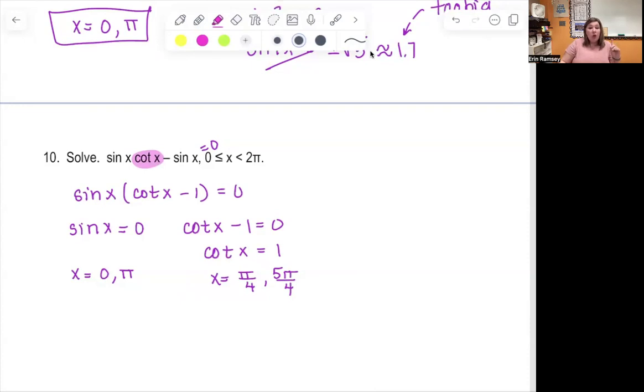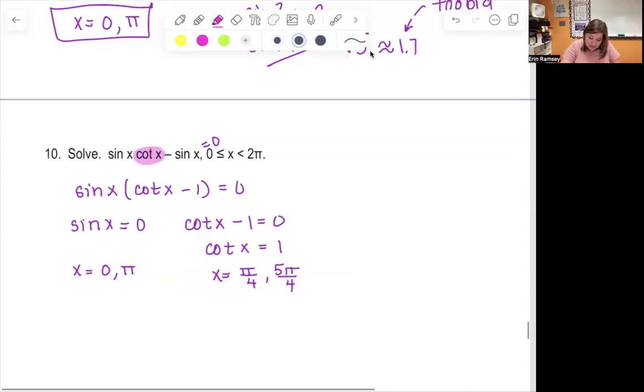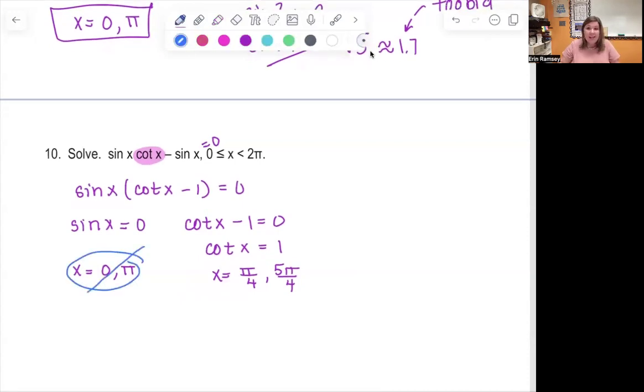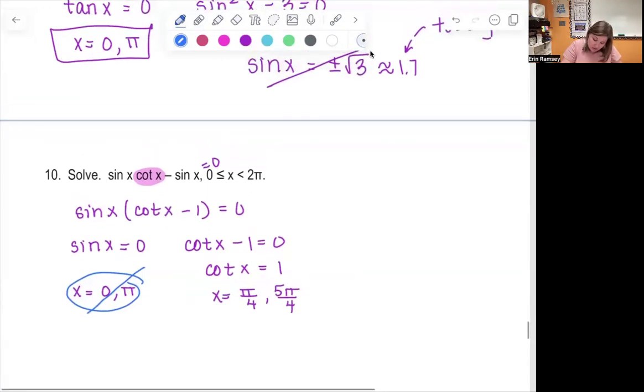Cotangent is going to be undefined whenever sine of x is equal to 0, which means both of these solutions are extraneous, because if I plug those back into the original function, cotangent would be undefined and this equation won't work. So those are extraneous solutions.